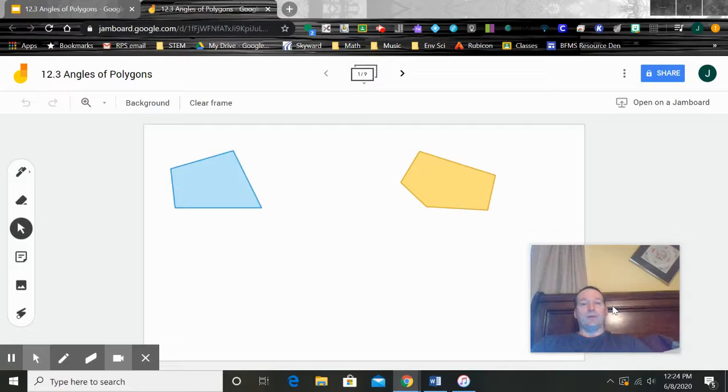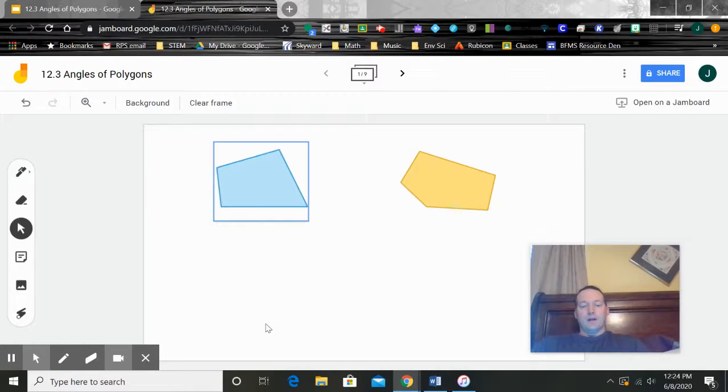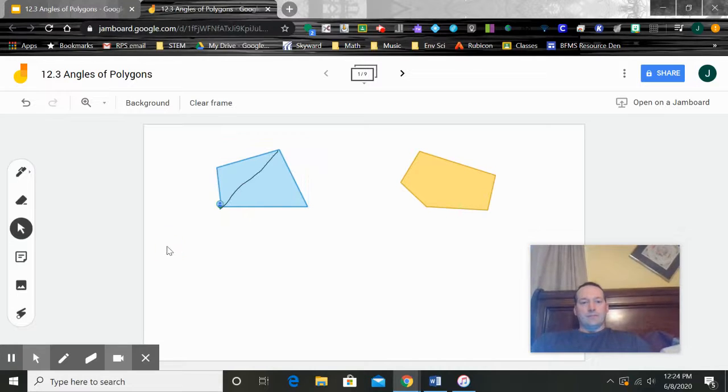The first one I'm going to use is triangles. We learned last time that the angles of triangles add up to 180 degrees. So what we're going to do is take each one of these polygons and break it up into triangles, and you're going to see something. The first one we have is a quadrilateral, and I'm going to see how many triangles I can make just by connecting opposite corners.